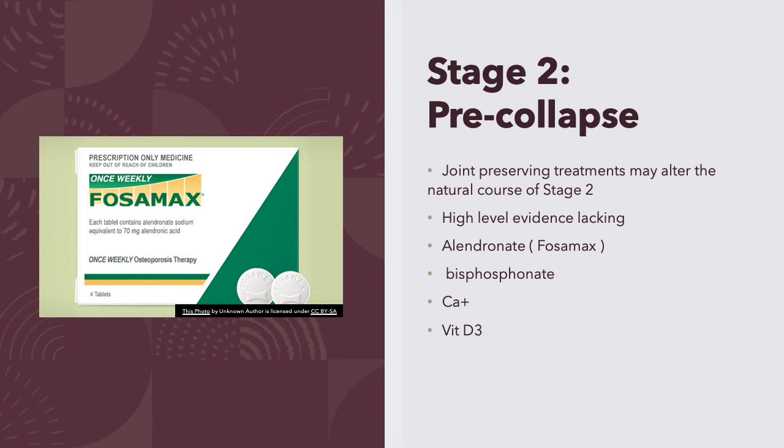So what else besides extended periods of protection and non-weight bearing can help prevent these patients from collapsing? Well, there's really no high-level evidence supporting this, but there is some literature that seems to show that bisphosphonates, and specifically Fosamax, coupled with calcium and vitamin D3, can help stave off collapse.